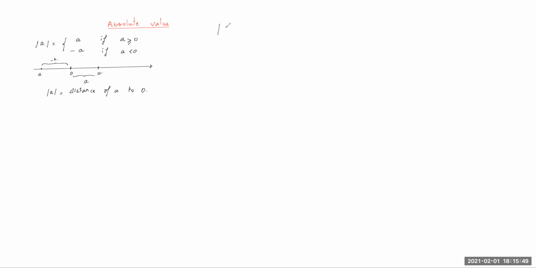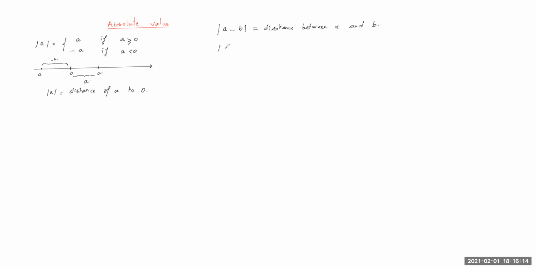And the absolute value of the difference of two numbers also measures the distance between A and B. We can also establish some properties.